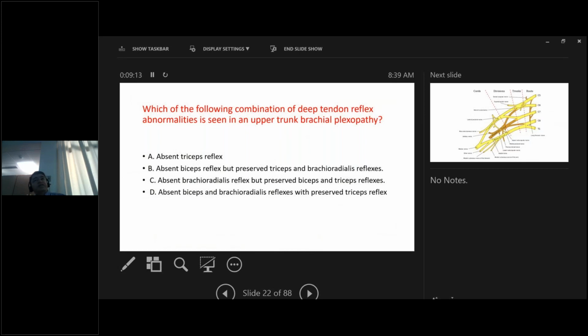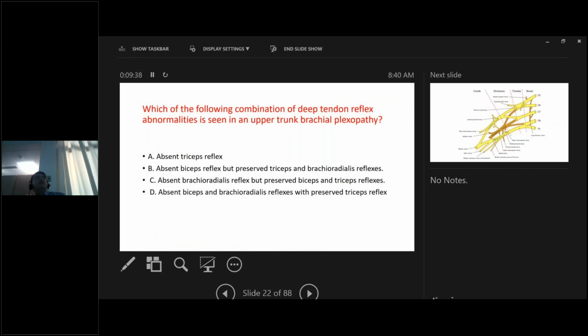Biceps and the deltoid as well, and brachioradialis. Biceps C5 and 6, and brachioradialis C5 and 6. So we'll lose these reflexes. And which one will be preserved? The triceps.